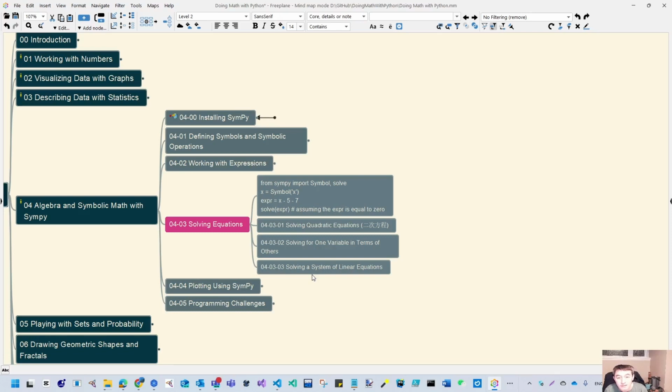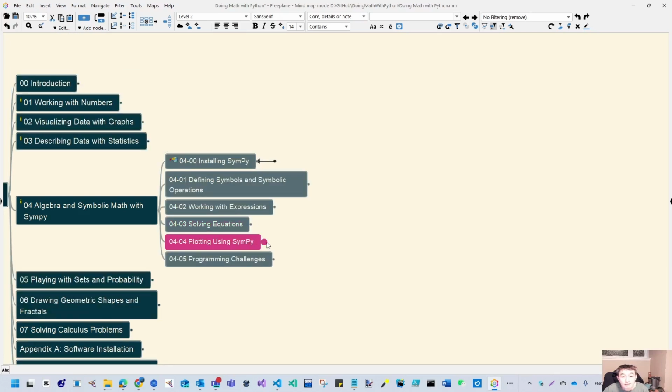We call this a linear equation. We did two linear equations, but you can expand that to more linear equations. And once you get a pair or more results, you can use subs to replace the variables by your solution, and check whether your solution is correct. So after that we finish this 0403 solving equation chapter.